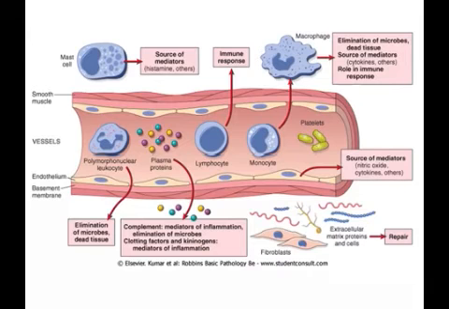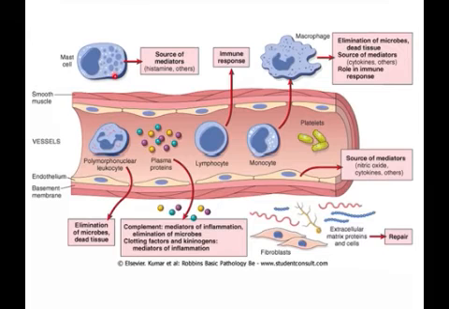Right? So, the first and foremost intermediates of inflammation are macrophages and mast cells. Right. So these are the first and foremost recognizers of any pathogen entering into our body.